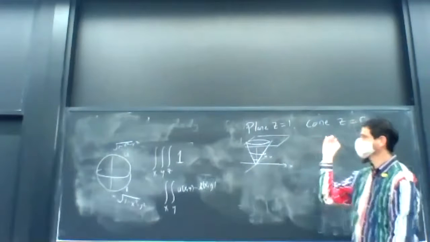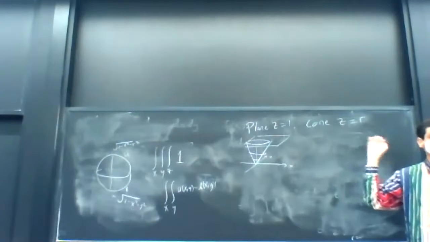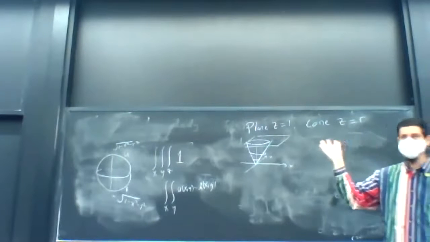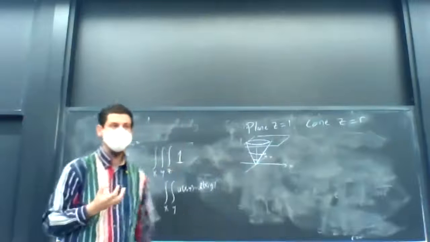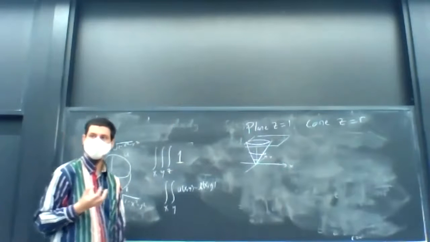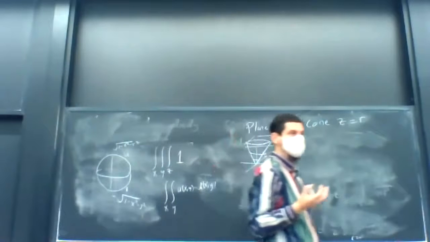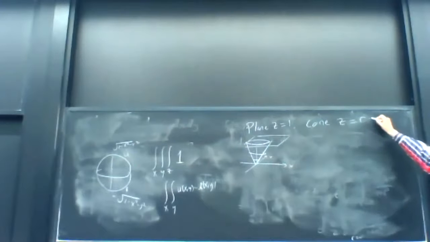Do you think this is a job for spherical? No. Z is playing a very different role than x and y. So I am not thinking spherical. I'm thinking either cylindrical, or if not cylindrical, what else? The sibling of cylindrical. Polar. Because I've got z equals r, which is the square root of x squared plus y squared.